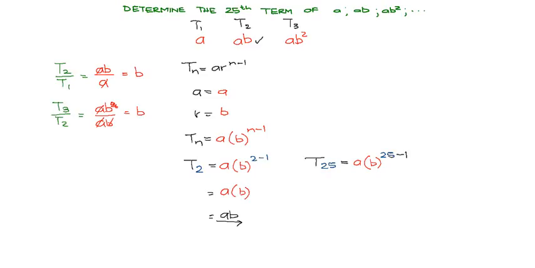When we clean up our exponents, we're left with a open bracket b close bracket, and 25 minus 1 is 24. We also know that the exponent 24 is only going to affect b. So we're going to have a final answer of a b to the power of 24.